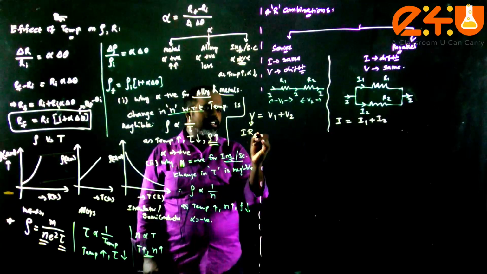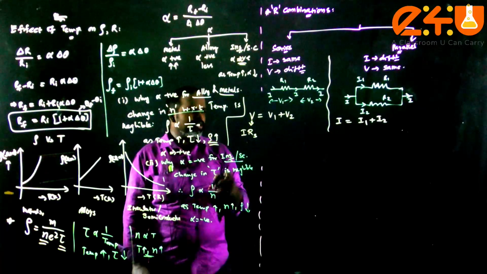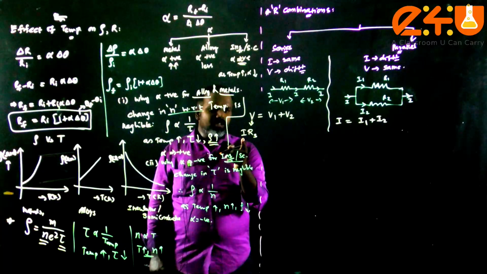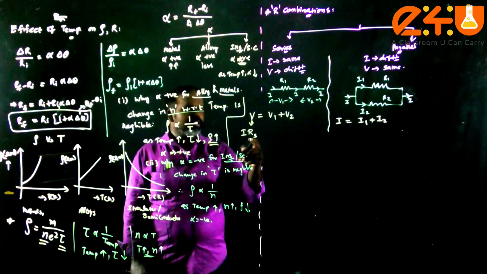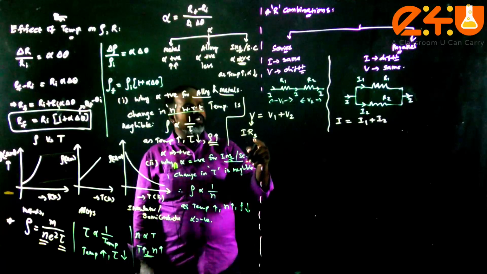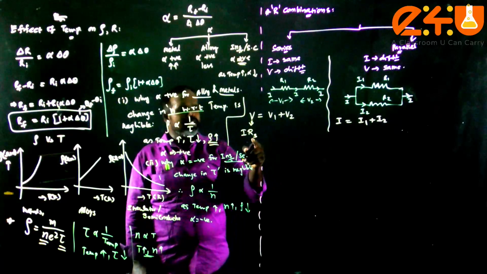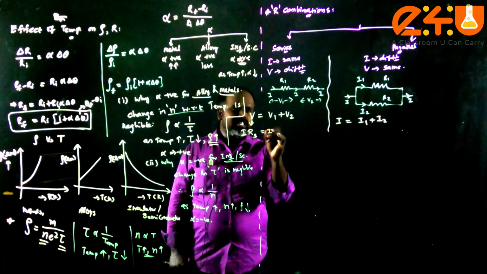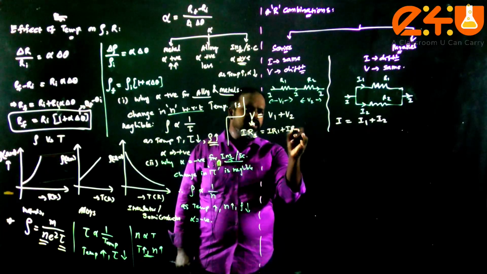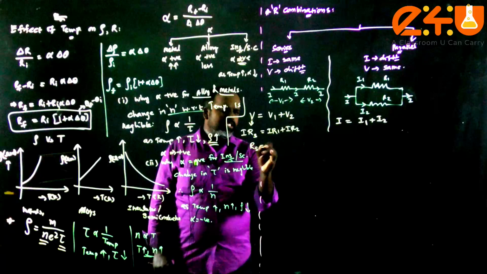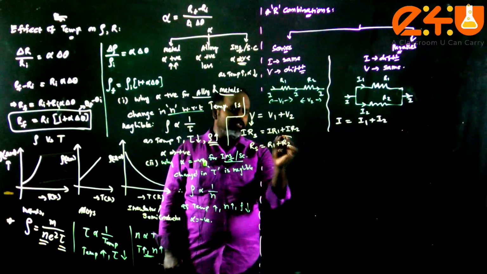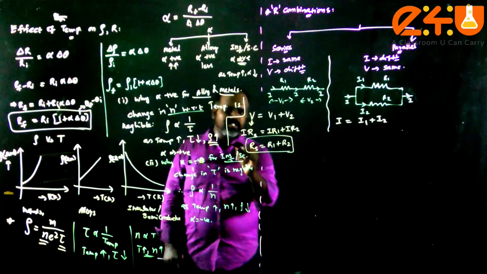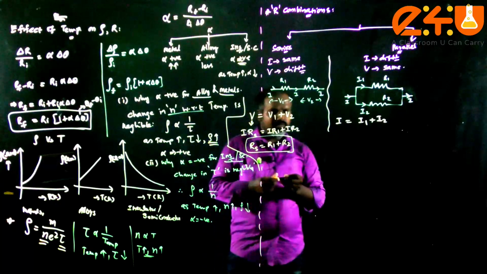So I into R net, because this is the total voltage. Total voltage is nothing but total current and total resistance. This effective or total or equivalent resistance I can take as RS, since it is in series combination. Therefore I can write I into R1 plus I into R2, or RS is equal to R1 plus R2. So this is the required expression in the case of series combination.